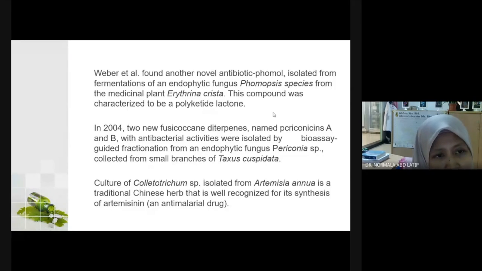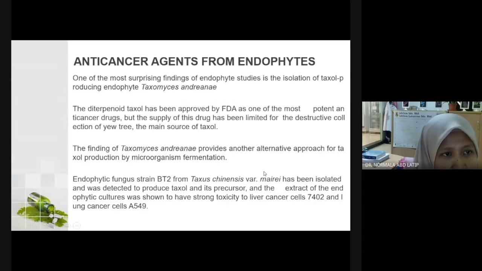Another example is Colletotrichum species, isolated from Artemisia annua, a traditional Chinese herbal medicine well recognized for its synthesis of artemisinin, which is used as an antimalarial drug.